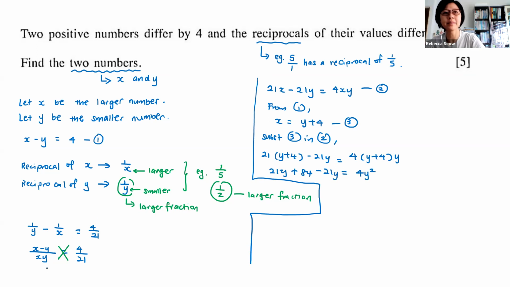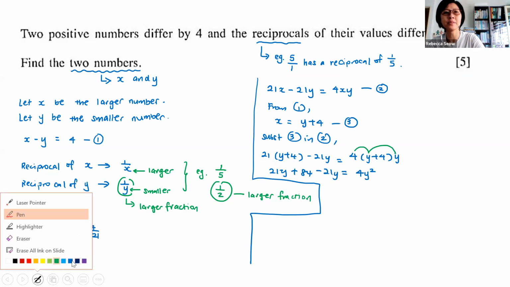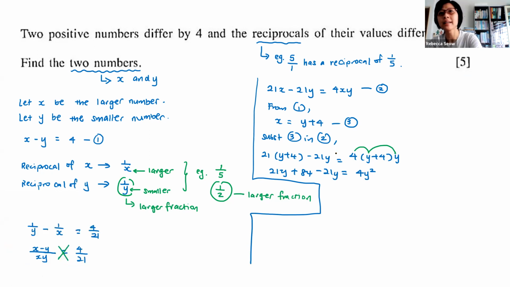Now how do I get my 4y squared? 4y squared is due to 4 multiplied by the y and multiplied by another y outside. The next term is where we take 4 multiplied by 4 multiplied by y, which gives you 16y. Let's tidy up what we have here. 4y squared on the right-hand side remains.